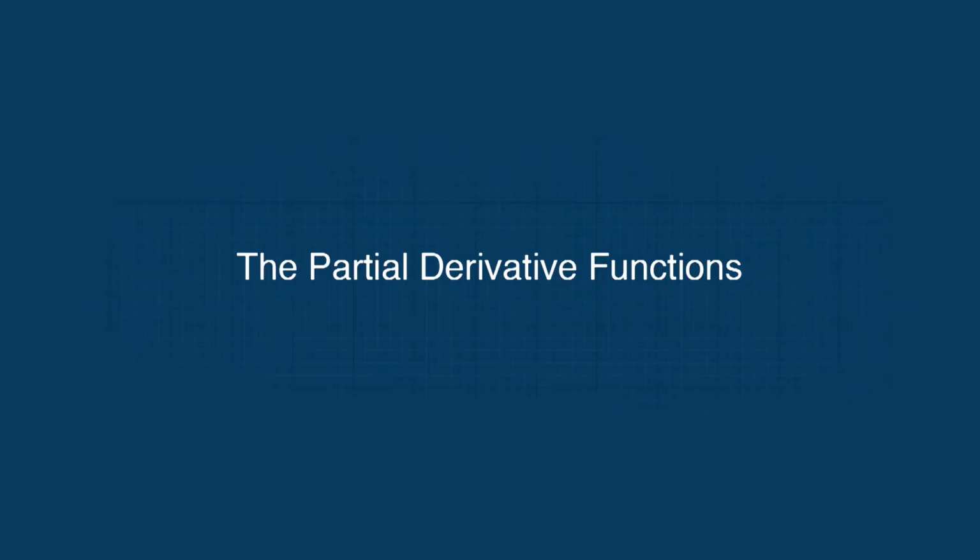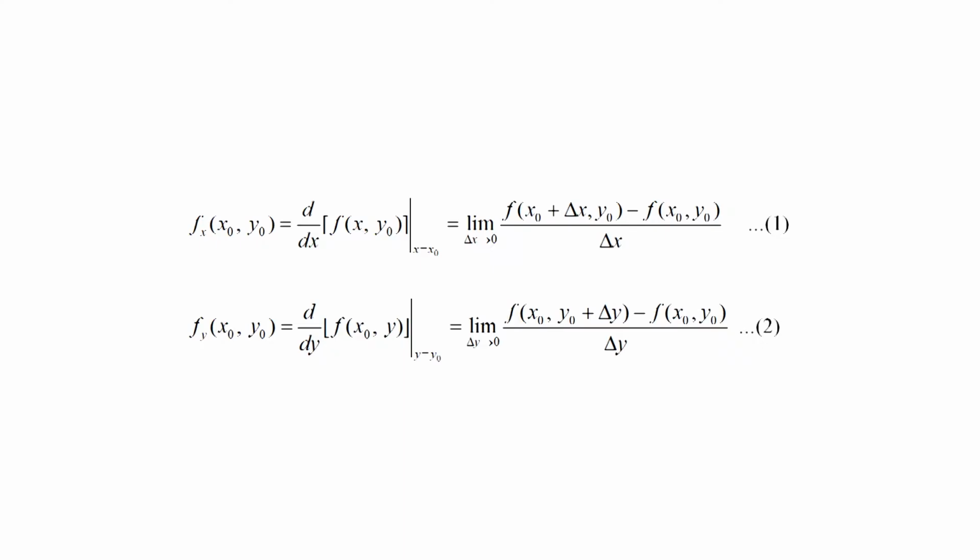The partial derivative formulas given above define the partial derivatives of a function at a specific point (x₀, y₀). Now, we are going to define partial derivatives of a function also as functions of two variables.